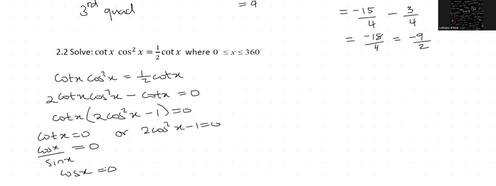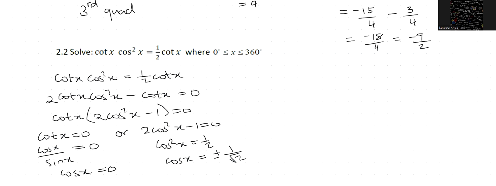Then with this one here, we have cos squared x is equal to a half. This means that cos x is equal to plus or minus 1 over the square root of 2. Remember, that is always our first step. You make sine, cos, or tan the subject of the formula.